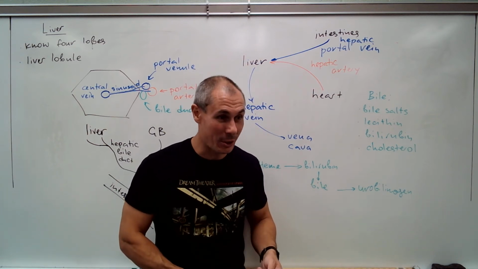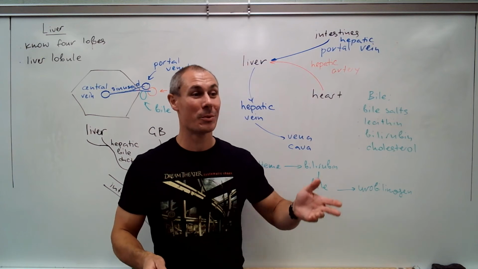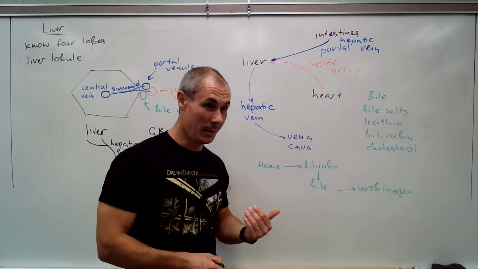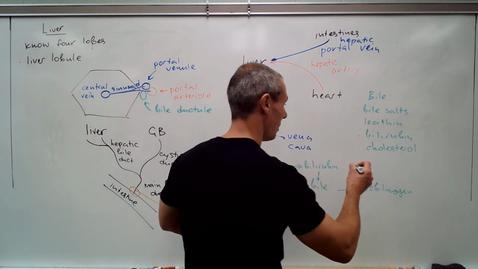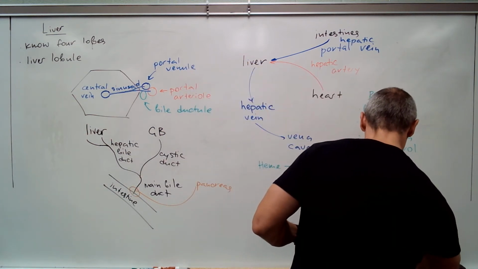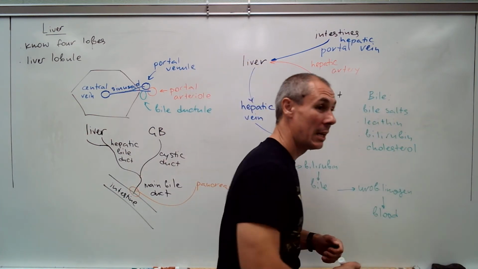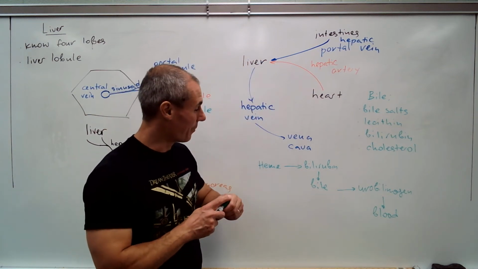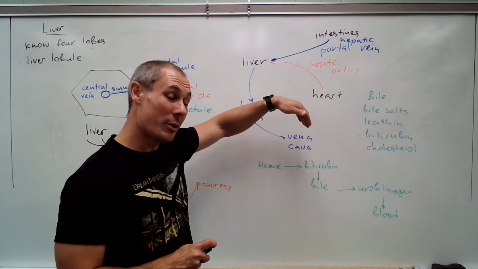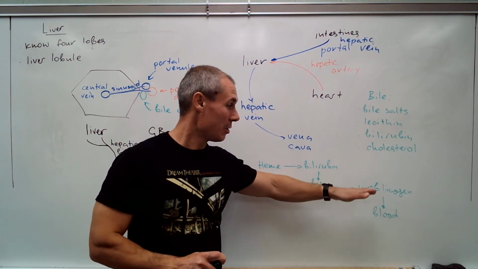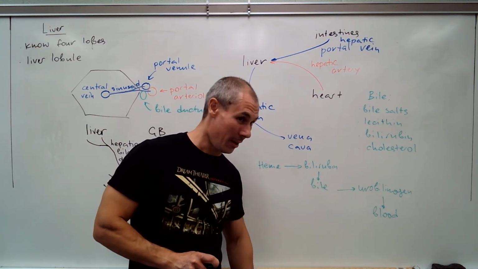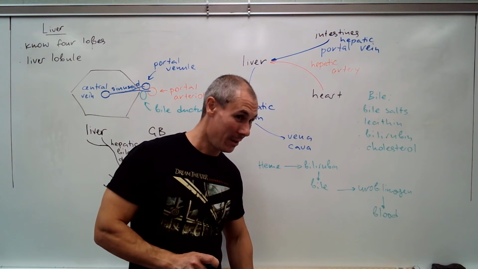Now, urobilinogen, and that's also remarkable, urobilinogen is absorbed in the intestines. Does that make sense? So urobilinogen goes back in the blood. However, check this out. Bilirubin cannot be filtered out from the blood. Urobilinogen can. Okay?